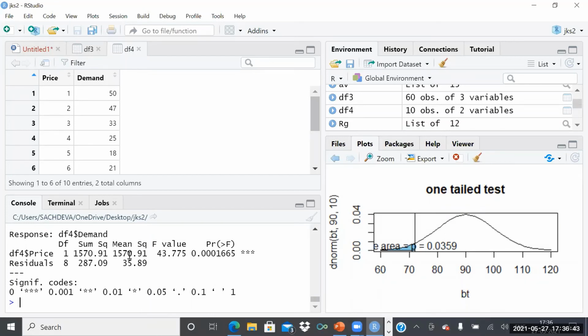F has been calculated as 1570.91 divided by 35.89. So the F value comes out to be 43.775. P value is 0.001665. So this model is statistically significant at 0.001. This is what ANOVA is. Analysis of variance should be understood properly and all the outputs should be clearly defined and understood.